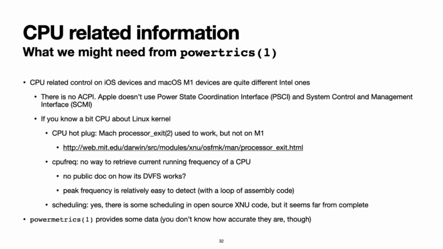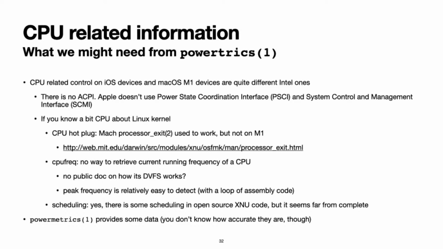First, the CPU hub on macOS. The old batch processor exit system code used to work on jailbroken iOS devices, but it doesn't work on M1. For CPU frequency, there is no way to retrieve the current running frequency of the CPU on iOS devices.